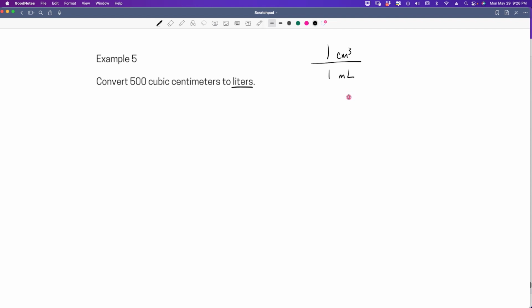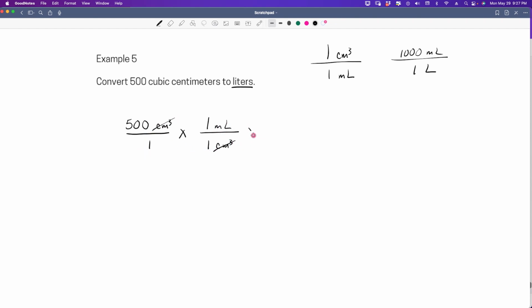So that means there's 1,000 milliliters in 1 liter, right? So these are the units of reference that we're going to have to use to get to liters. So let's begin with 500 cubic centimeters, and we're going to turn that into milliliters. So that would be 1 milliliter on the top and 1 centimeter cubed, 1 cubic centimeter on the bottom. So we can cancel out cubic centimeters.